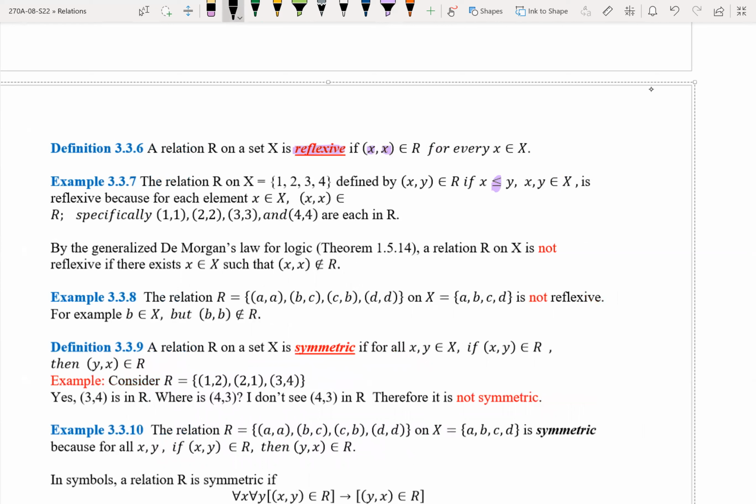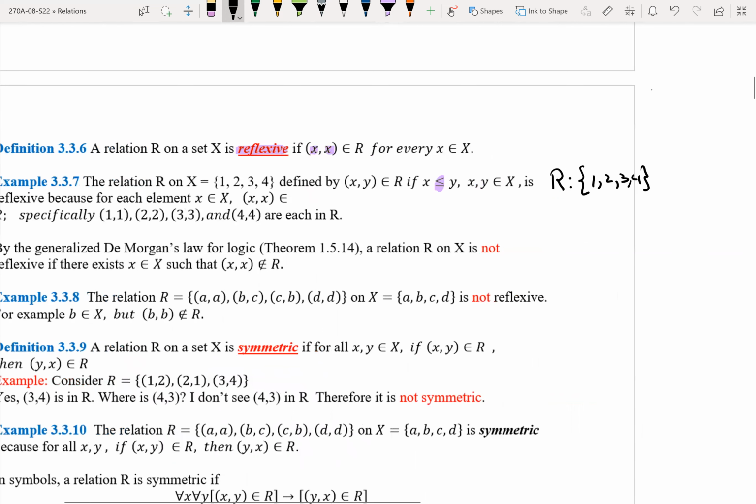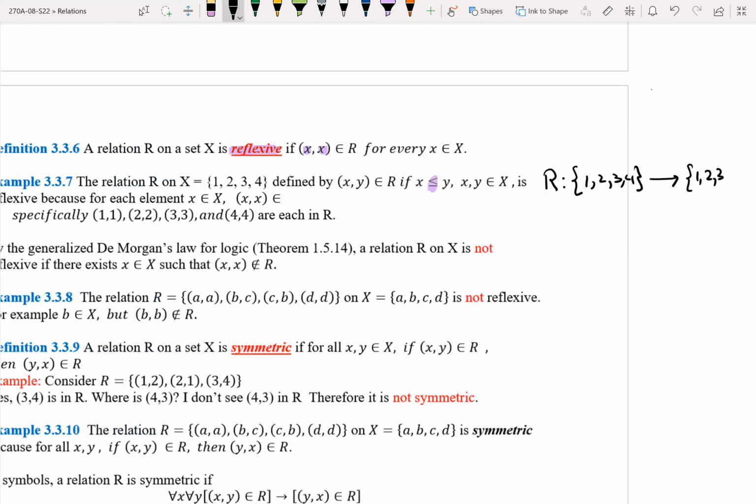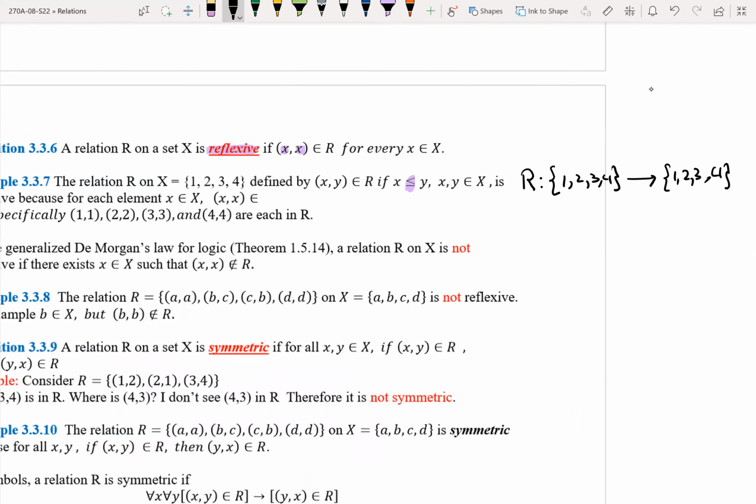You just define R, then this is where you put your inputs, your domain. It says X is related to X, so I go from 1, 2, 3, 4 to 1, 2, 3, 4.